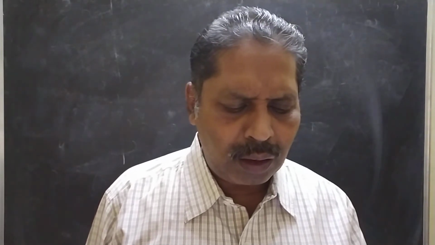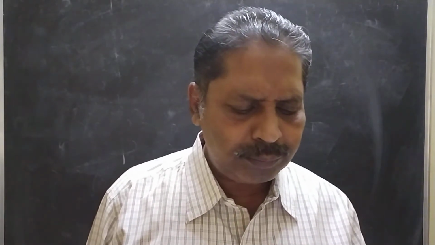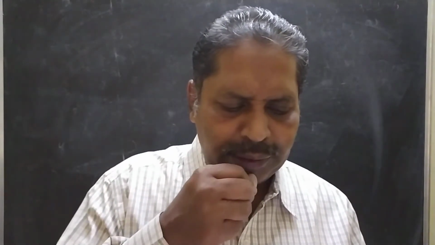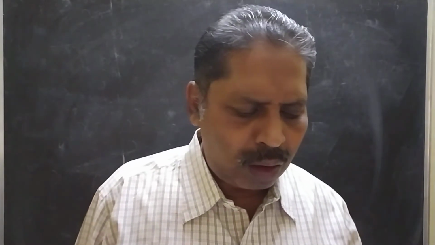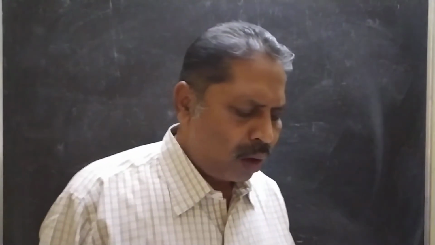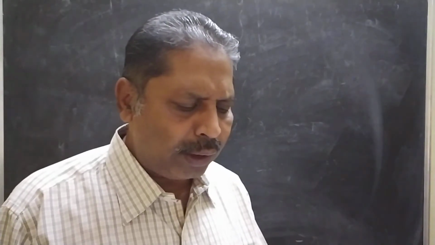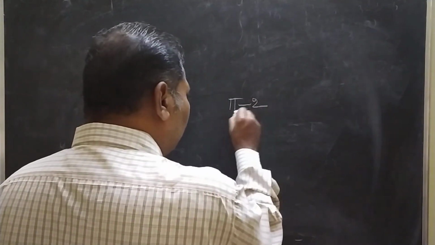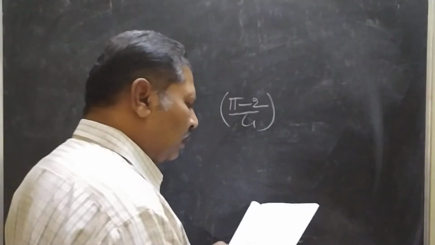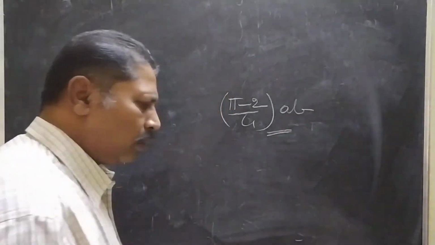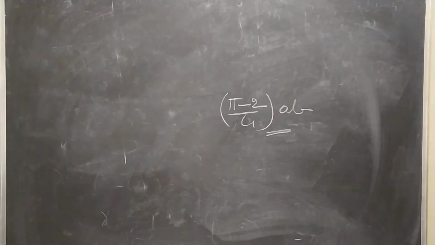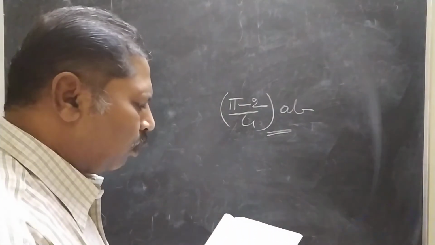Show that the area bounded between chord AB and arc AB is pi by 2 minus 1, times ab, that is, pi minus 2 by 4 ab.